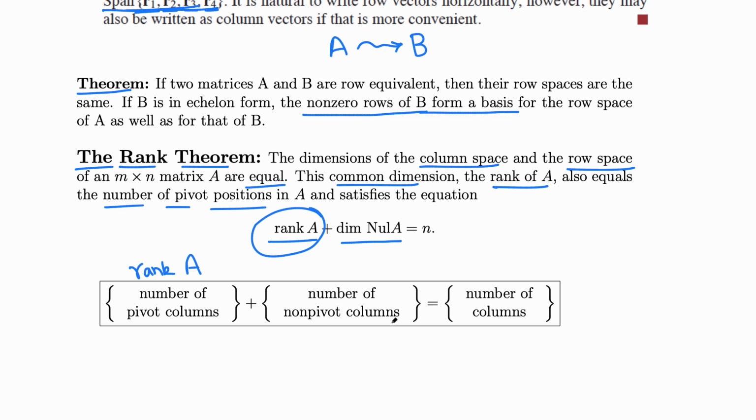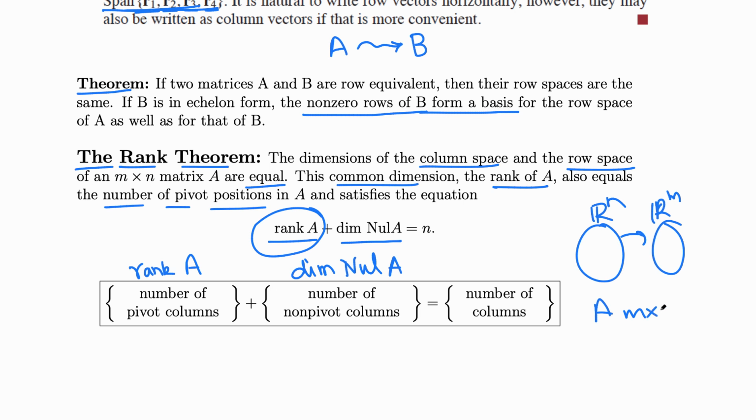So number of non-pivot columns gives us the nullity or dimension of null space of A, and rank plus nullity is equal to the number of columns. Okay, that always equals the number of columns. And when A is m by n, then we are talking about n. This is n because these both live in Rn.